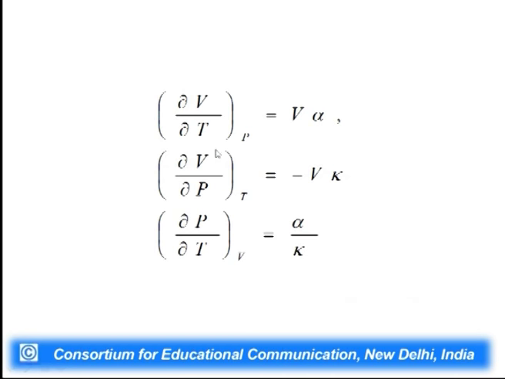Del V by del T at constant P is also known as V alpha, where alpha is the thermal expansion coefficient.